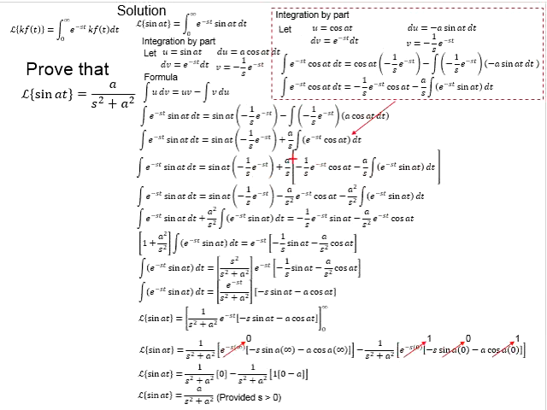What you see after you have done the integration here, the function has now transformed back to sine at. This part is actually exactly the same as the one that we wanted to integrate earlier on.